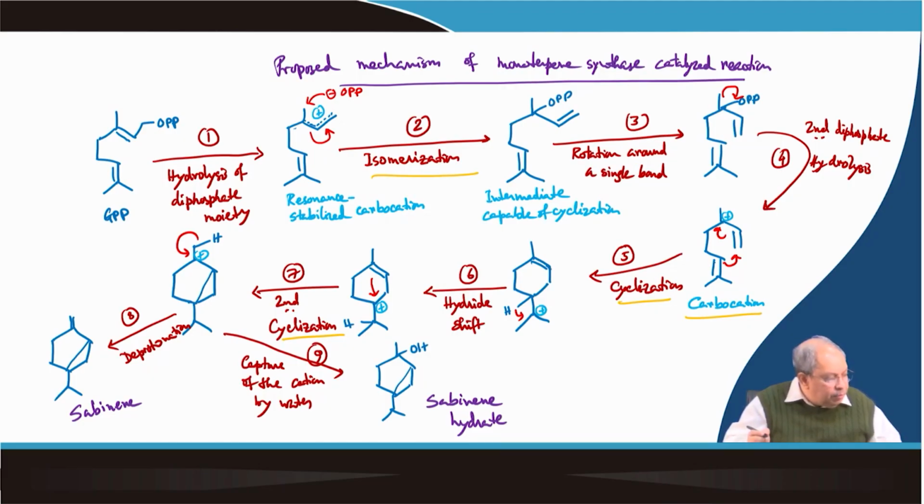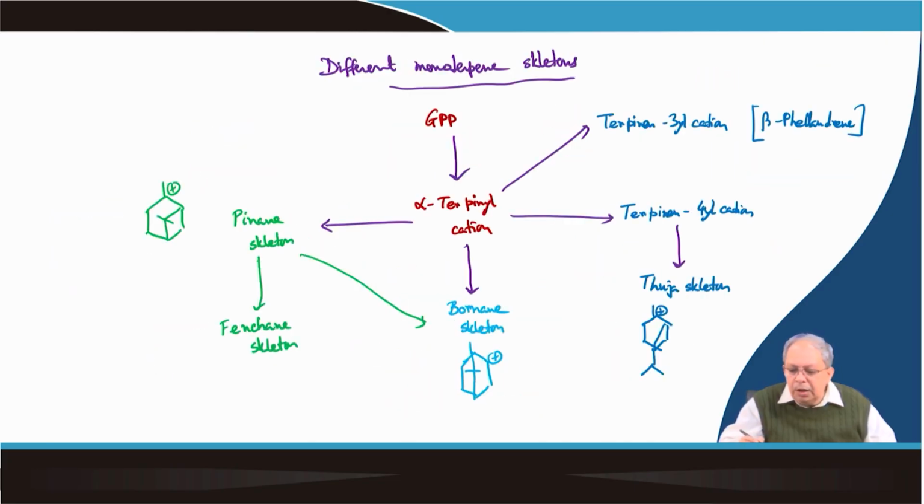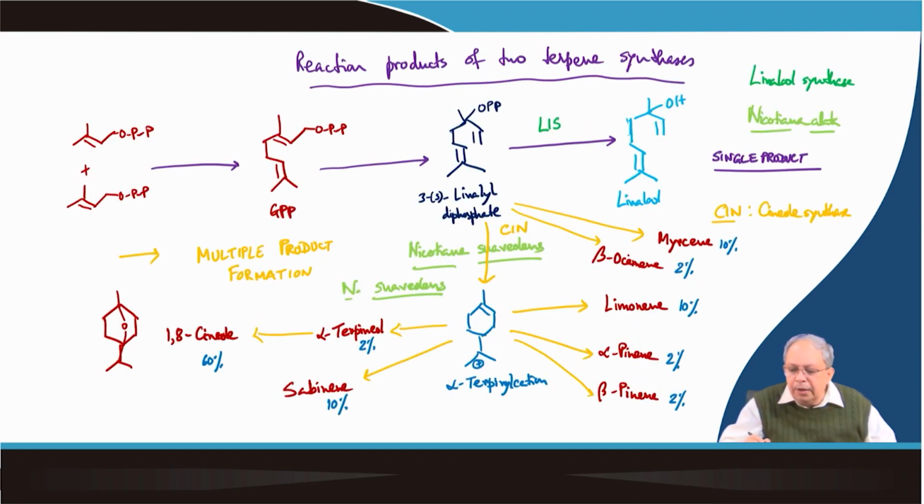So, let us go back to what I have covered. This is the reaction mechanism, these are the different monoterpenoids formed, and that is the diversity of monoterpenoids and the plant species that produce them. Then different monoterpene skeletons formation, this is just for your information. The most important part is that a monoterpene synthase can catalyze a single product or it can catalyze multiple products.